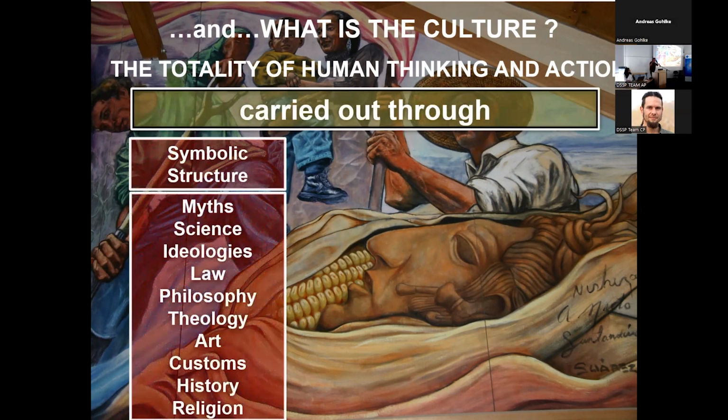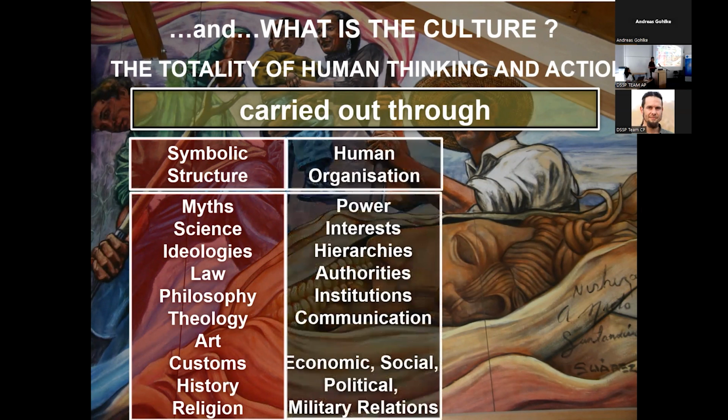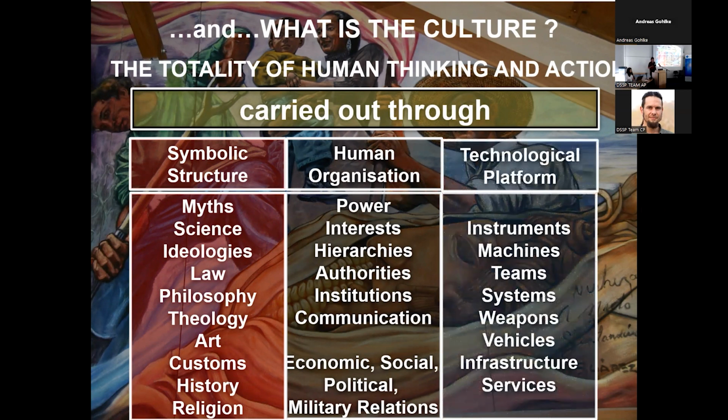It means the way to think about nature and human organization, the way to organize the authorities, the hierarchies, the power. It means the economic, social, political, and military relations, and the technological platform. These are three big groups that interact every time.